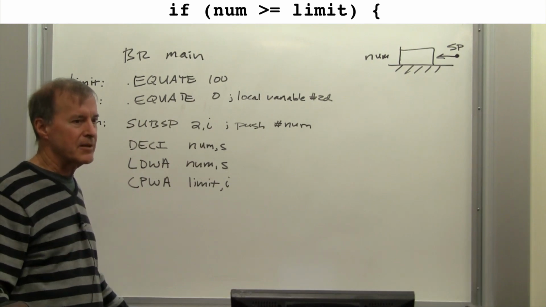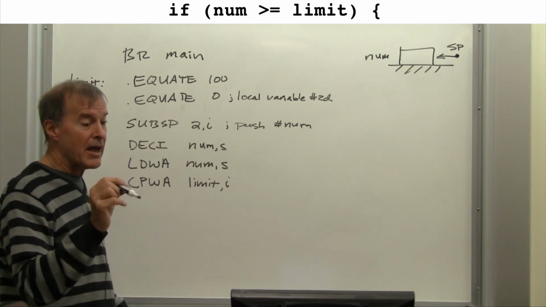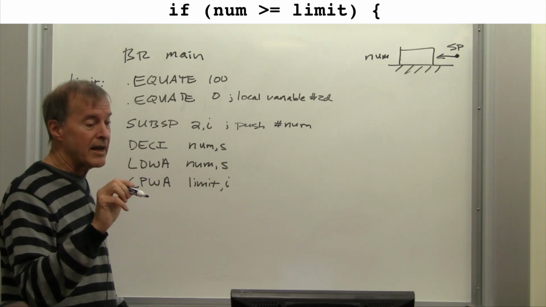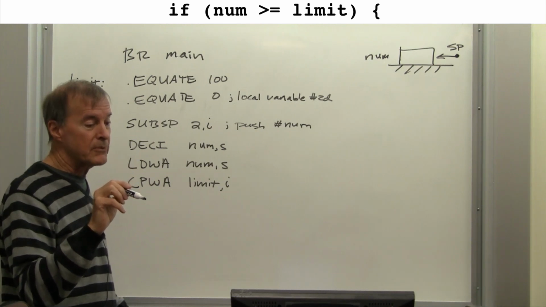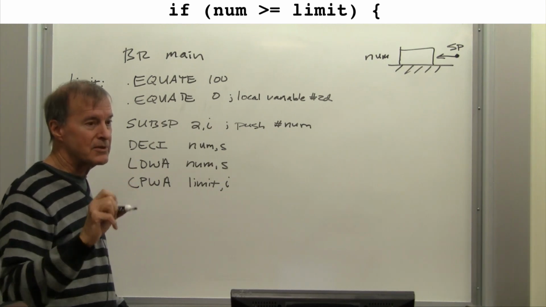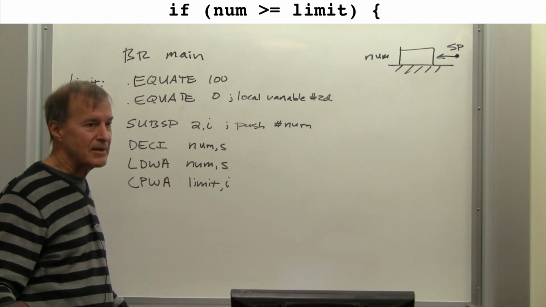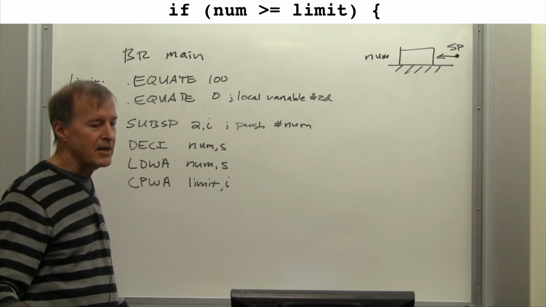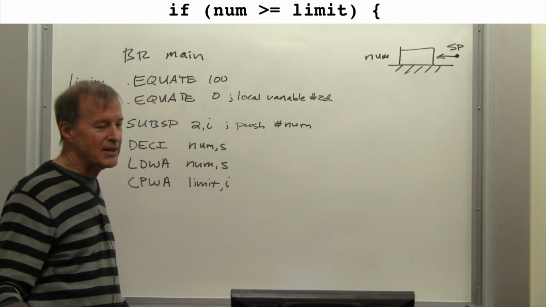Right, okay. So now, when do we want to branch? We're going to branch when that fails, right? You can read it as num is greater than or equal to limit, so we want to branch around if num is what? Less than.